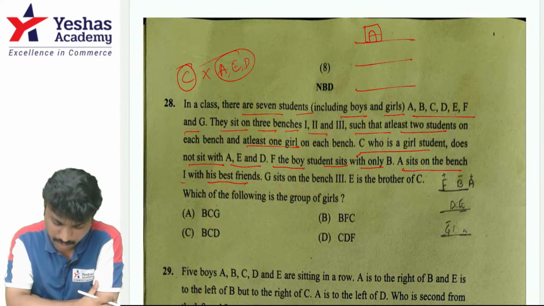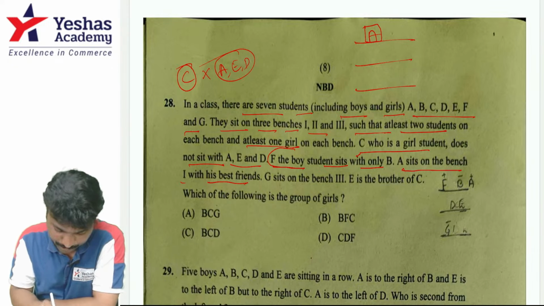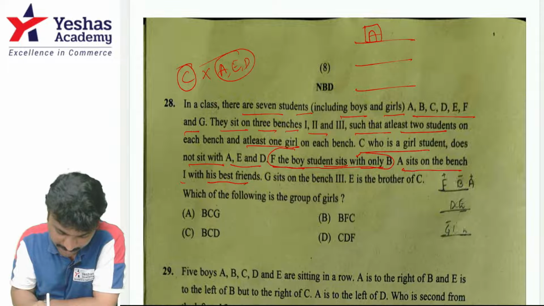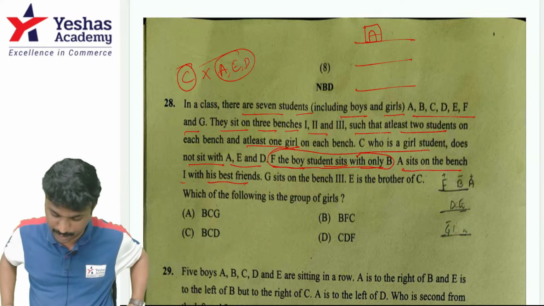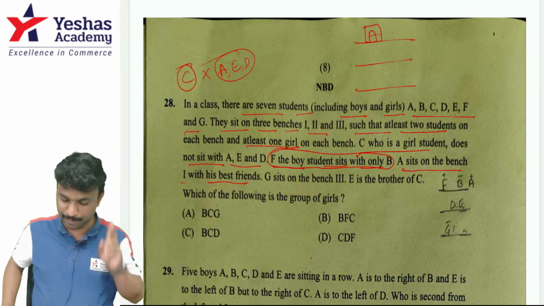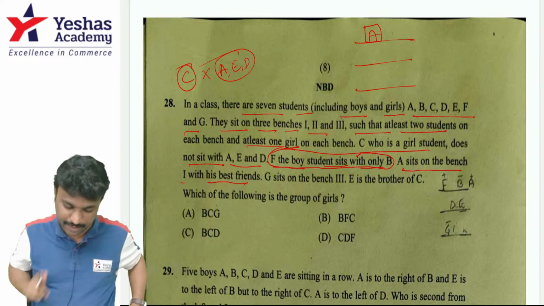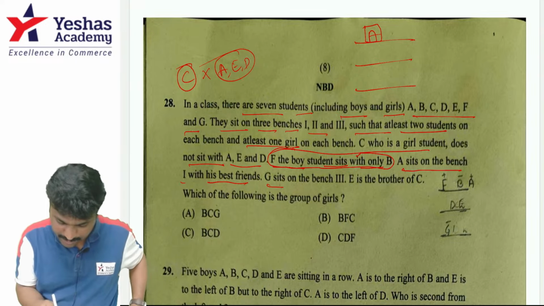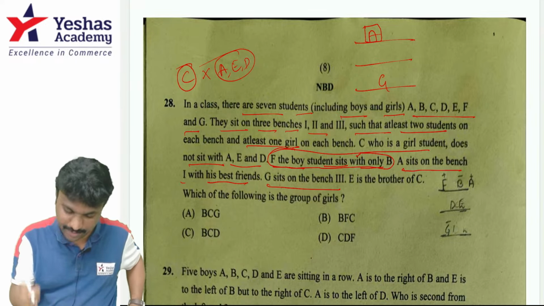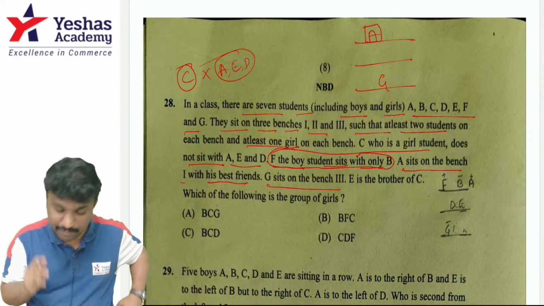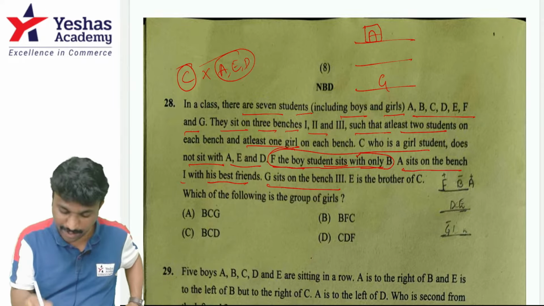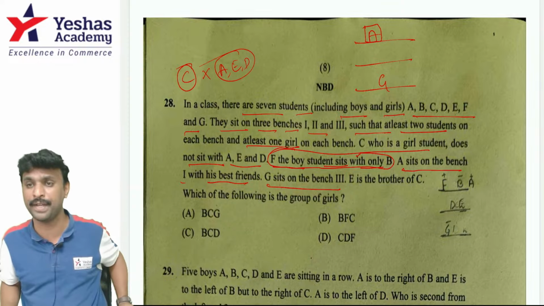Now, definitely, F is the boy student who sits with only B, they have said. F and B only should sit in one of the benches. Who sits in the third bench? G sits in the third bench. That means F and B must sit in the second bench only. Why not in the first bench or the last bench?